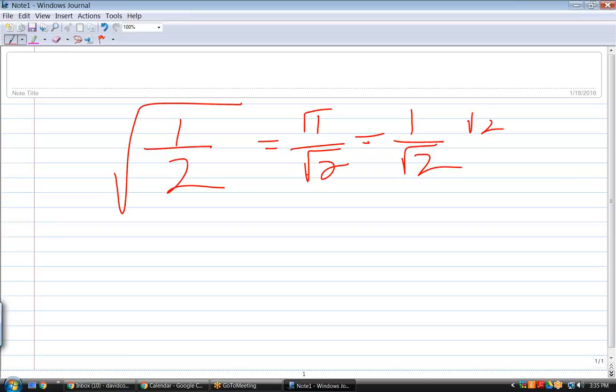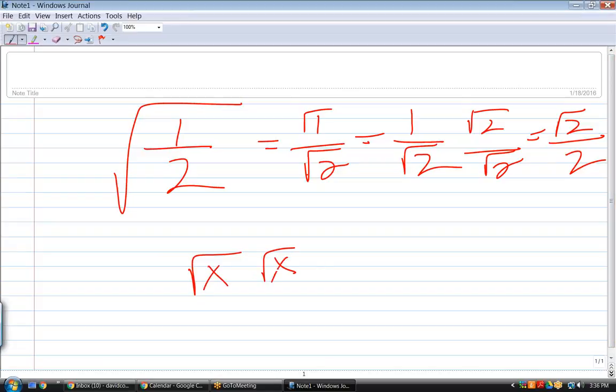We get 1 root 2 over root 4, which root 4 square rooted is 2, so you'd have 1 root 2 over 2. Right. Always remember that the square root of x times the square root of x is always x, regardless of what x is.